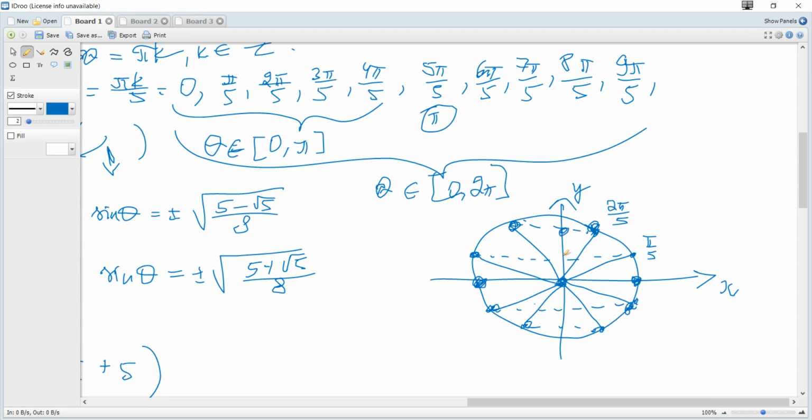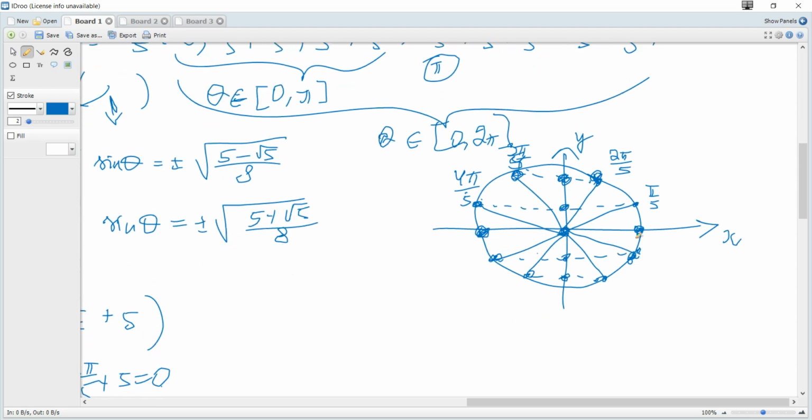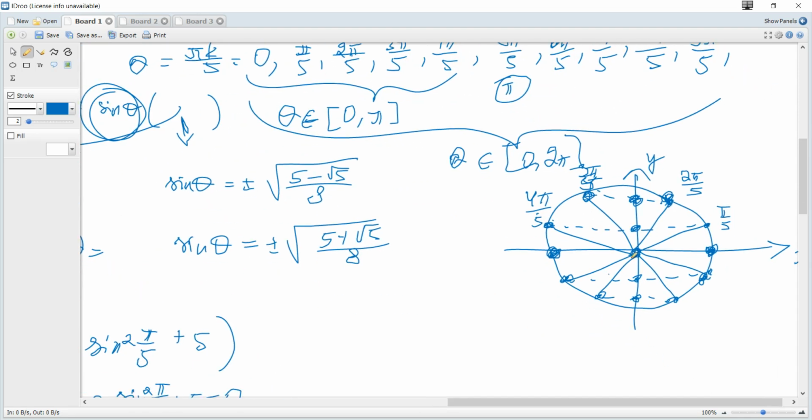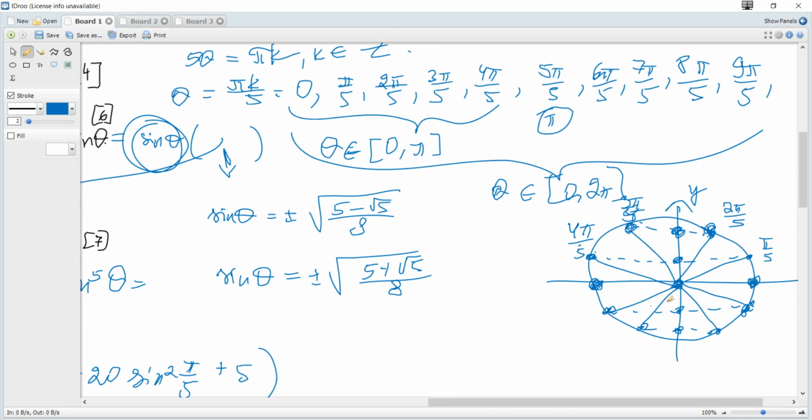it will be symmetrical, and you can see that there will be 4 non-zero y values, and the y value is the value of sine, and due to symmetry these values will be the same but with opposite signs. It's clear now that there are 10 roots in total if we consider from 0 to 2 pi.